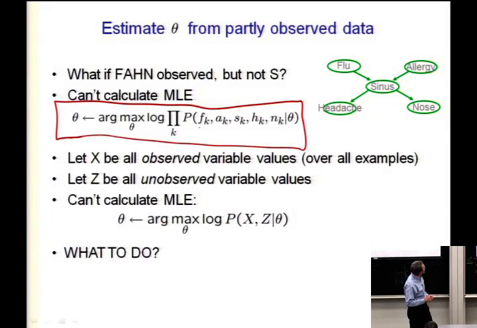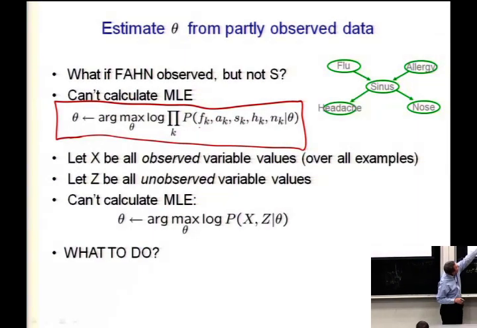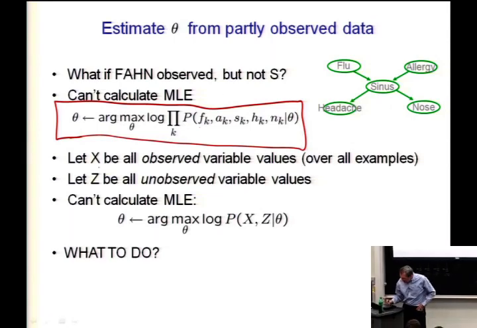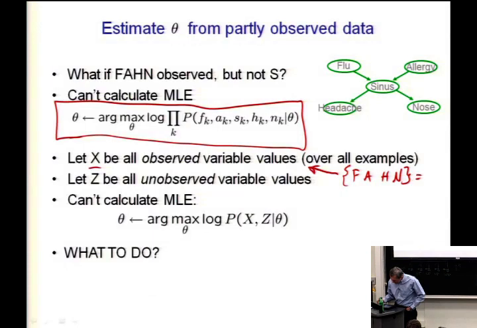So let's do that. Given all 5 of these variables, F, A, S, H, N, I'm going to use X to refer to the ones that are observed, and in our case, let's assume that's F, A, H, and N. That'll be our observed variables.